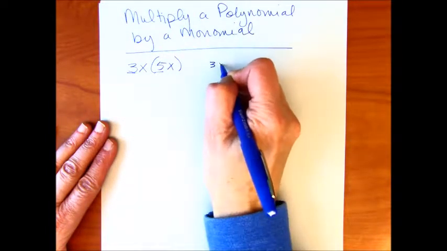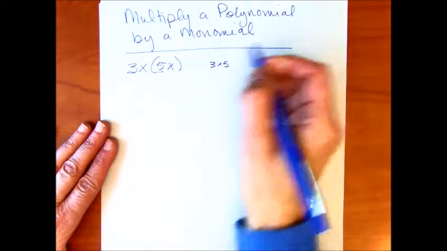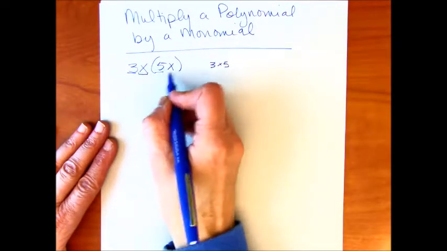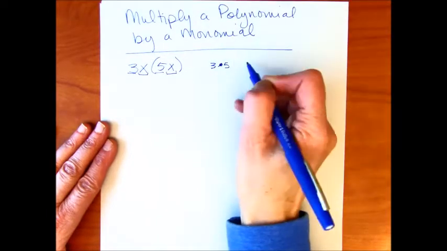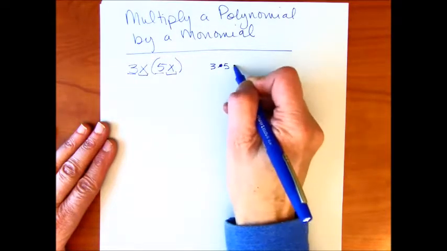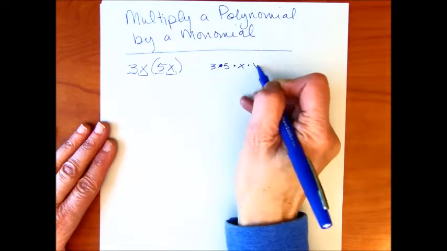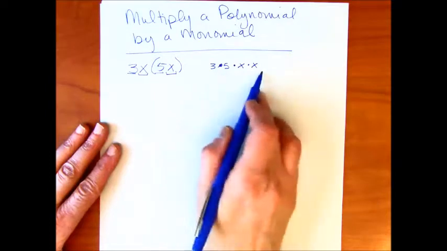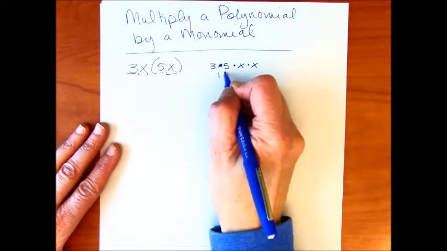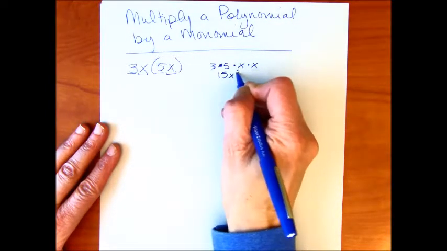So 3 times 5, and then I'm going to multiply the variables. I'm going to use a dot. So 3 times 5 times x times x. I'm just writing it out in expanded form here. This would give us 15x squared.